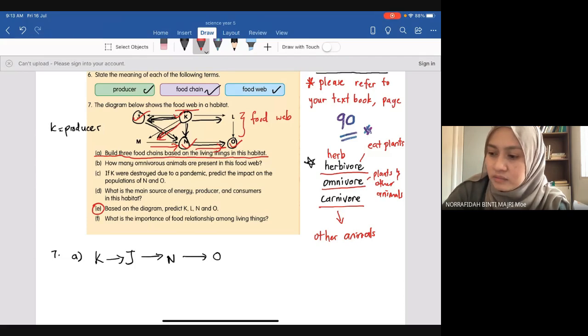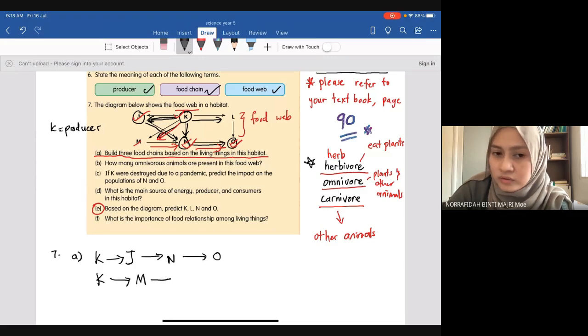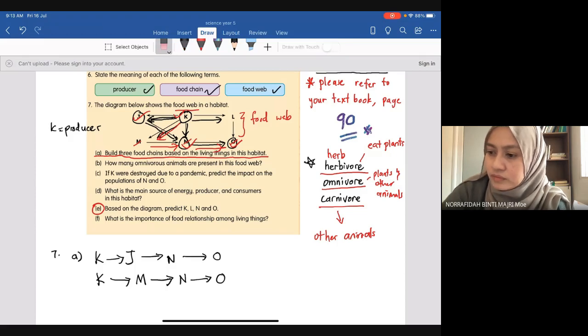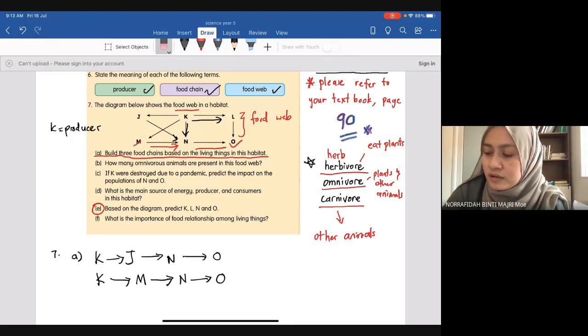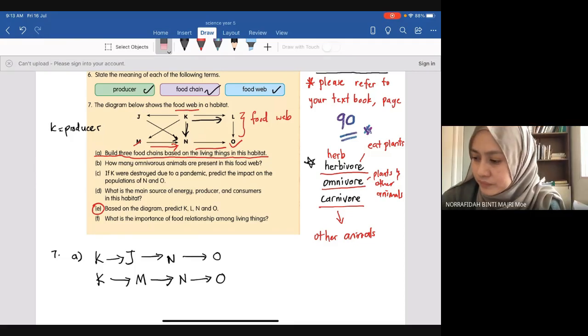K is eaten by M, is eaten by N, is eaten by O. So you write down K, arrow, M, arrow, N, arrow, O. So far, do you understand? Yes. Okay, class? And then you do yourself another one, yang lain tu kamu buat sendiri jugalah.